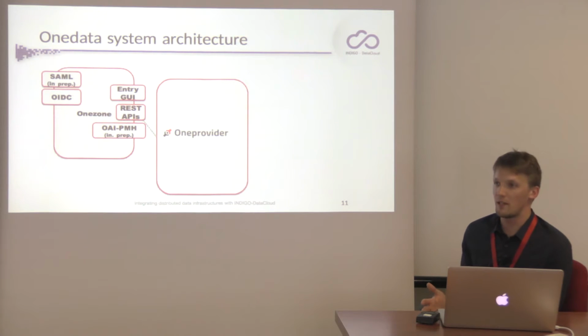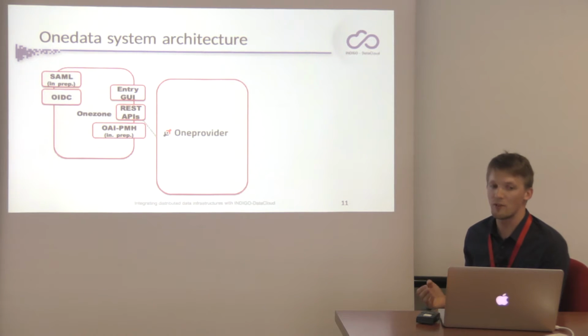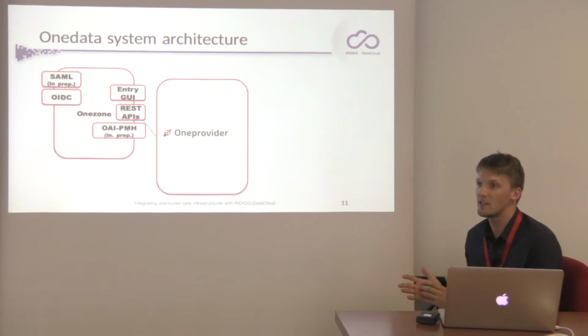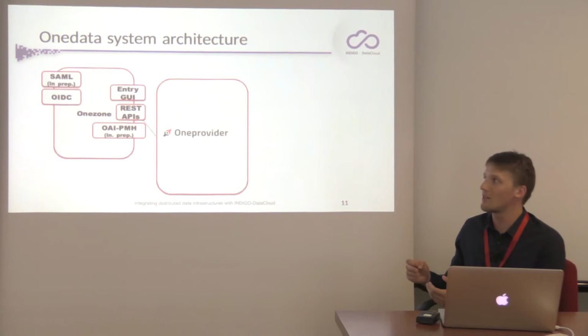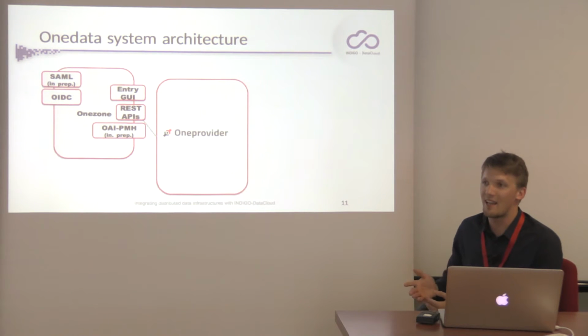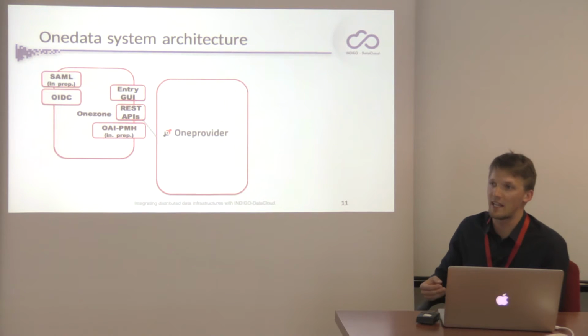And also, it fetches data about spaces that it supports and other providers that support those very spaces to facilitate replication of data and communication between providers needed to provide all of the user's data to him when he's logged in.